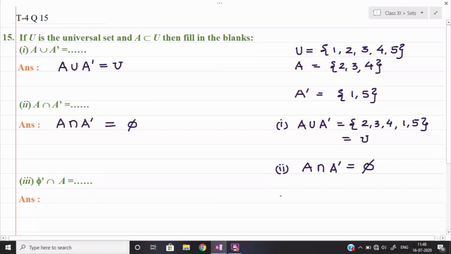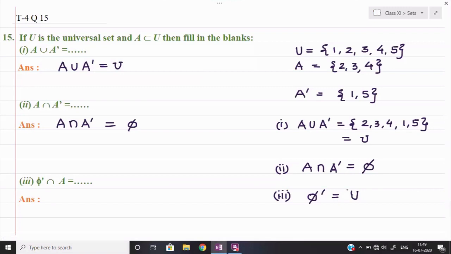Now third part. In the third part, they're asking the intersection between phi dash and A. First of all, remember phi means nothing, and the complement of phi, phi dash, will always be equal to U, the universal set. Because if you subtract nothing from the universal set, then all the elements of the universal set will remain.